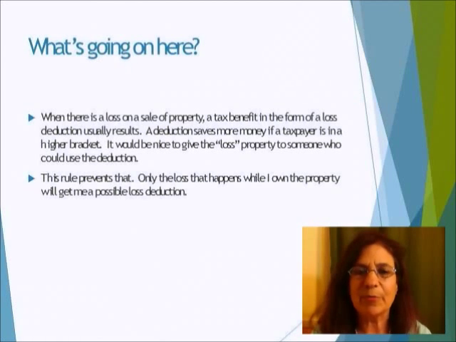So it would be pretty tempting to just give the property to a close friend who can actually use the deduction, and then maybe we split the tax savings or something. We don't want to let you do that. Can't choose who gets to have the deductions. No handing around the deductions. So that's what this rule prevents. You can deduct only that part that happens while you own the property.